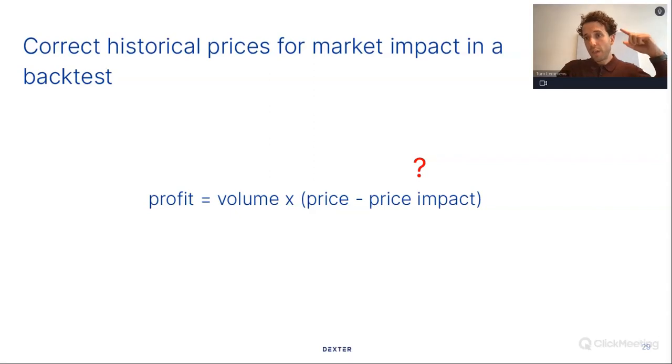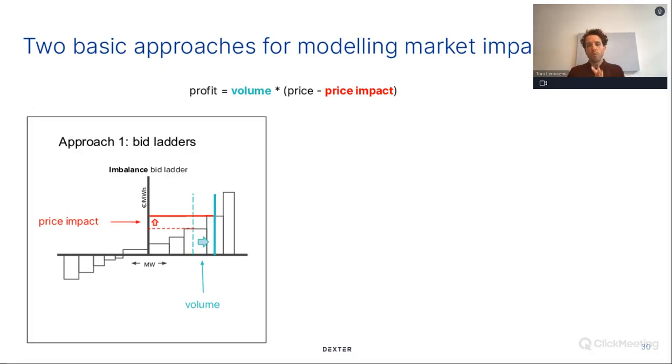Now, the other thing you have to take into account, what I'll present is really aimed to correct for backtesting results, right? This is not how you use it in production. This is to correct for backtesting results and to make backtesting results more reliable. So first approach to estimate the price impact is, like I just shared, you use the bid ladder.